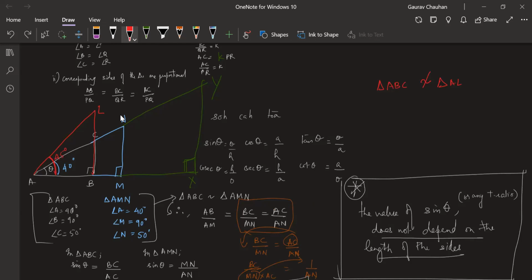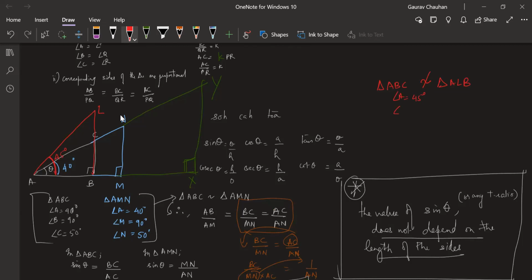And if these ratios won't hold, basically these ratios are not holding because the angles are different, because the corresponding angles are not the same.